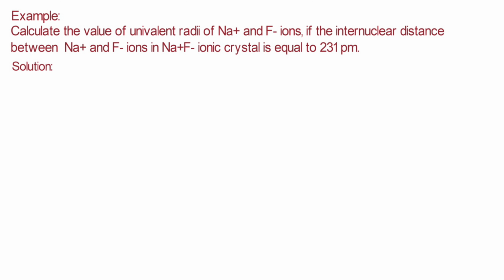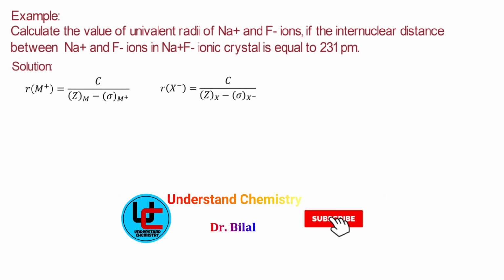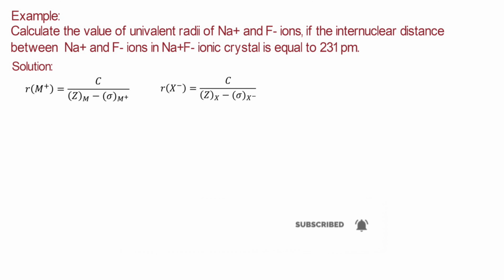The formulae to calculate ionic radii are given here. From this formula, we come to know that we must know the nuclear charge or atomic number of the atom or ions, the shielding constant sigma, and we must know the value of constant C.